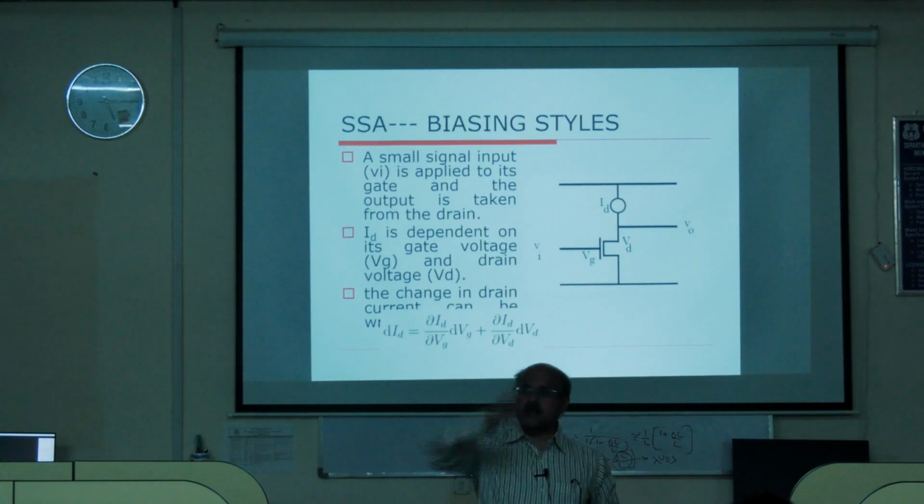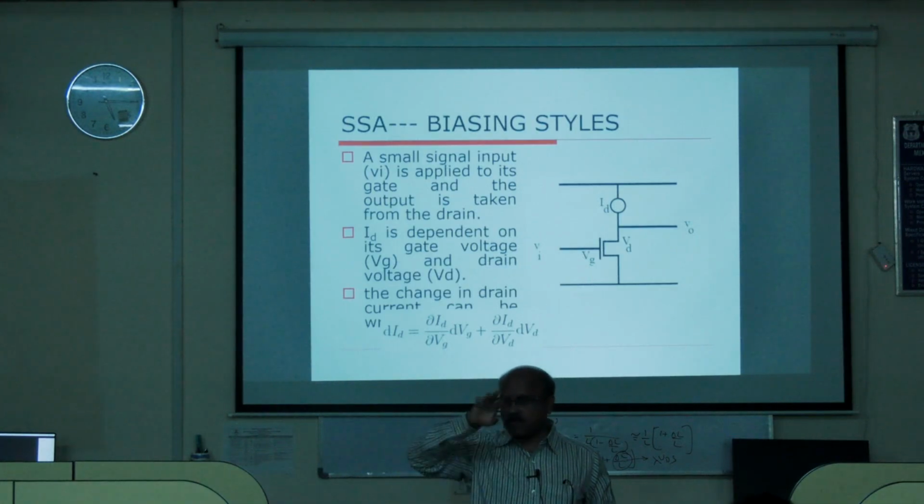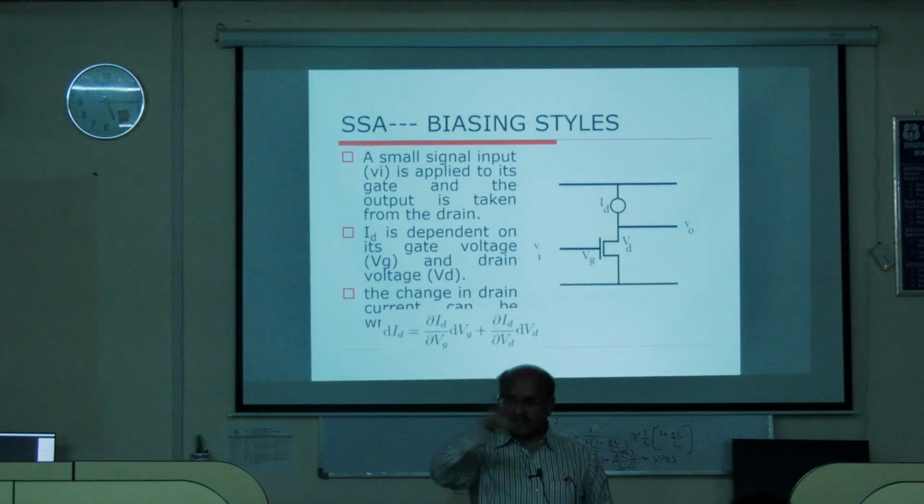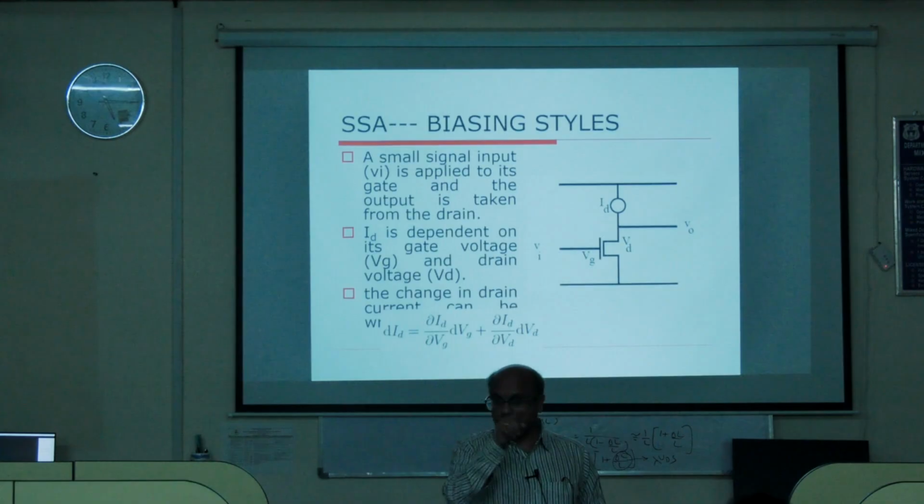Try to recall the Miller theorem. In an amplifier when there is an impedance between the output and the input, that can be replaced, at the input, I will remove this feedback. At the input, it can be seen as, if the impedance is Z here, then it is seen as Z by 1 minus AV.